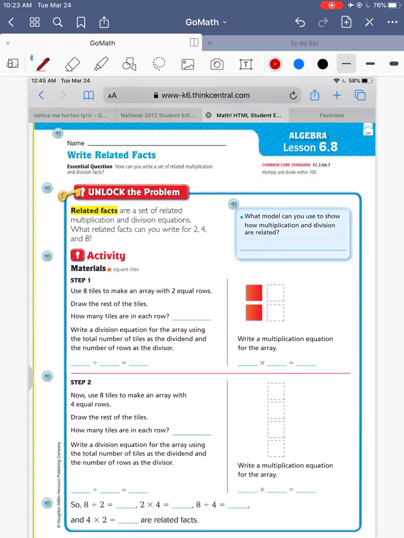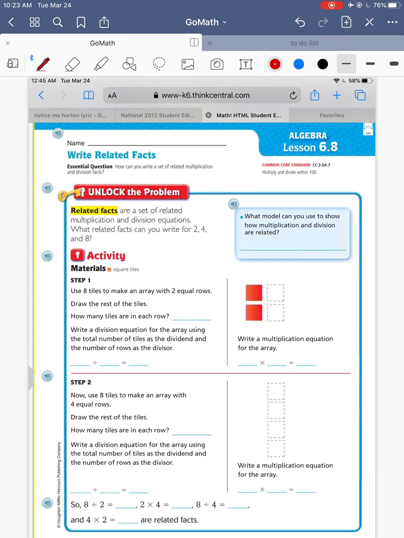We already started talking about related facts in the last section of the book, lesson 6.7, where multiplication and division are opposites, right? So you can use multiplication facts to find division facts. So that's like the fact family that we had when we did addition.